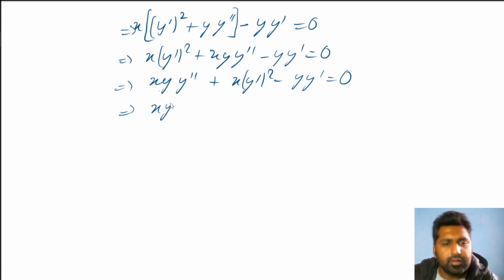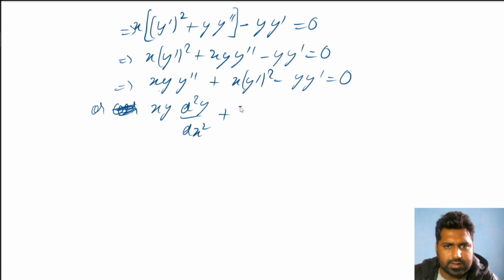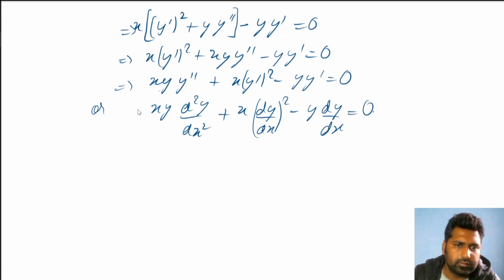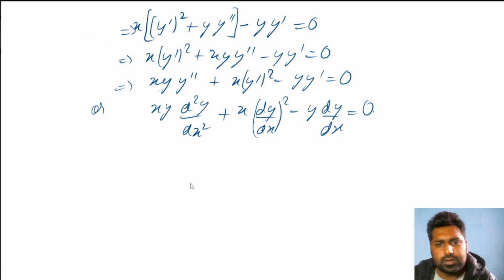You can write the final answer like this: d square y by dx square plus x dy by dx whole square minus y dy by dx is equal to 0. Okay, this is done.